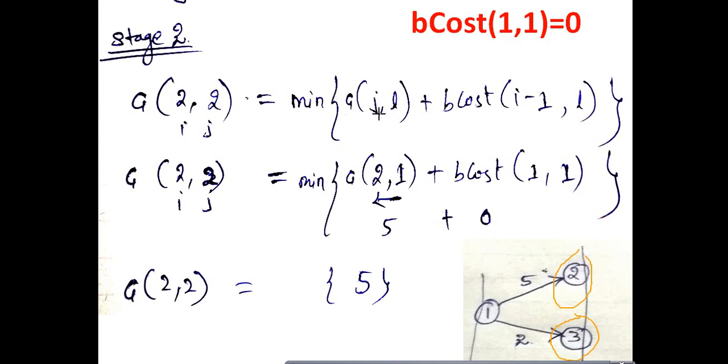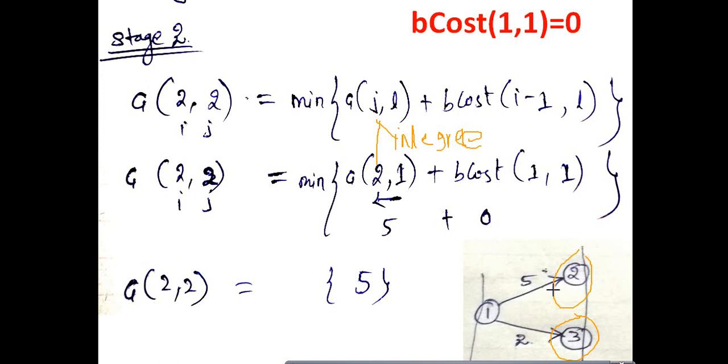Minimum of C of j comma l. j represents 2. l represents the in-degree of vertex j. j, the vertex name, is 2.